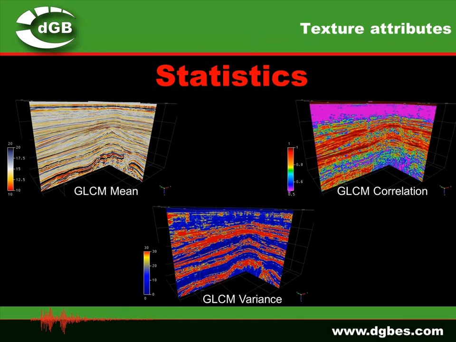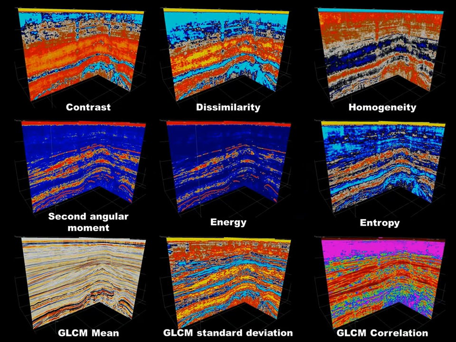So now if you compare all these attributes together, you can see that some areas are better defined with some attributes than others. As I mentioned before, these areas are very sharply defined with the energy and the angular second moment, which does not appear that sharp on the other attributes.